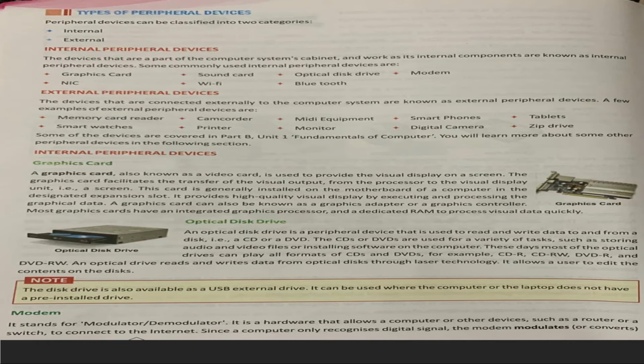So next is the modem. It stands for modulator and demodulator. It is a hardware that allows a computer or other devices such as a router or a switch to connect to the internet. It actually takes analog signals from the system, and at the receiving end, it is converted again into digital.